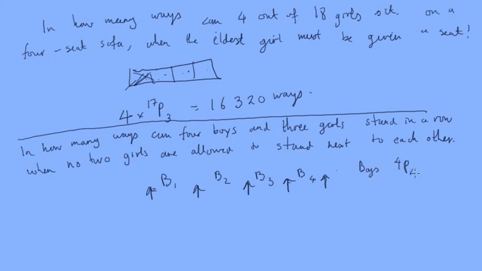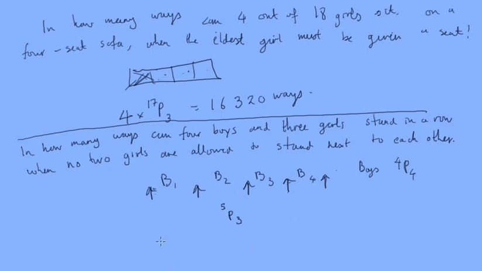There's 4 of them, and they can be arranged in 4 factorial ways, and we're picking all 4. To arrange the girls in 3 of the 5 spaces, there's 5 possible places that they can stand, and there's 3 girls to stand in them. So we're selecting 3 places out of the 5 between or at the side of each boy.